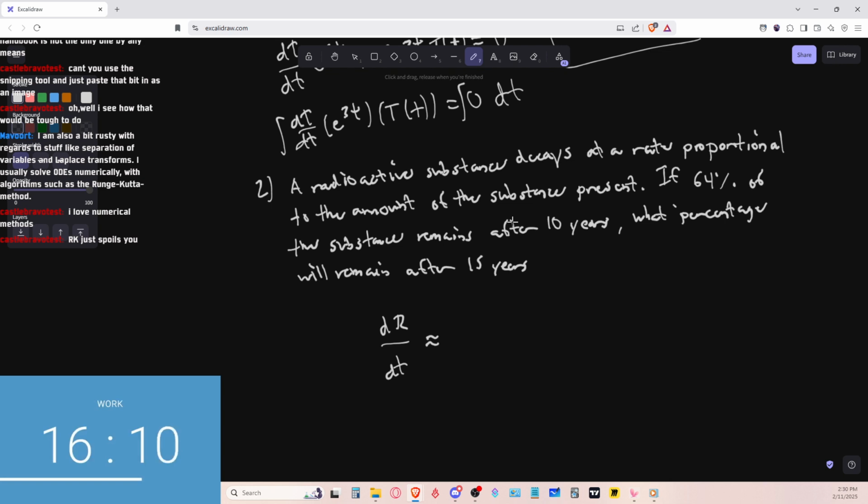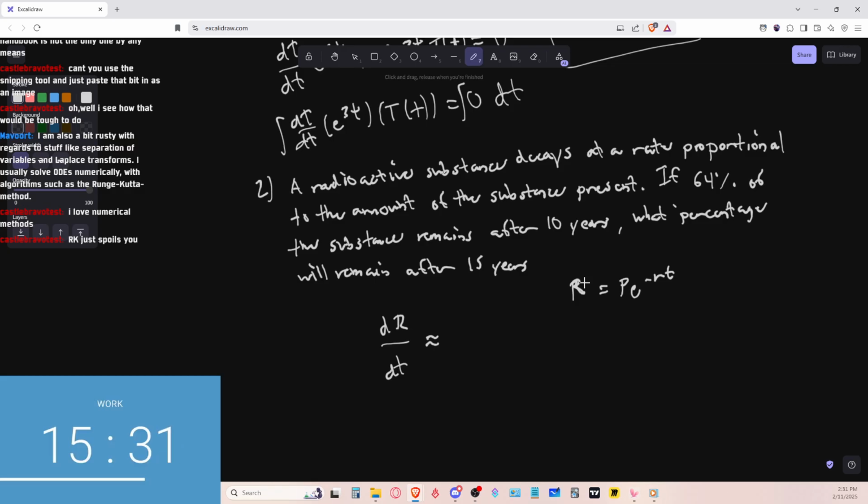Okay, so if it's radioactive decay, I think the original formula for that is R. I think that's the original formula for radioactive decay. We'll just call it R. I'm so surprised that I remember that from pre-calc. I believe that's the formula because I know it's an exponential function with a negative and time in it.